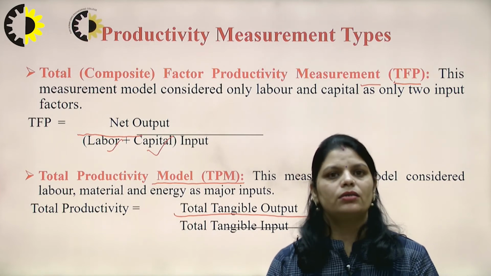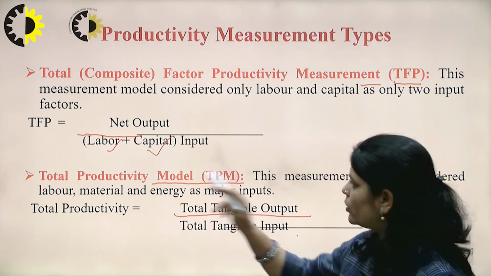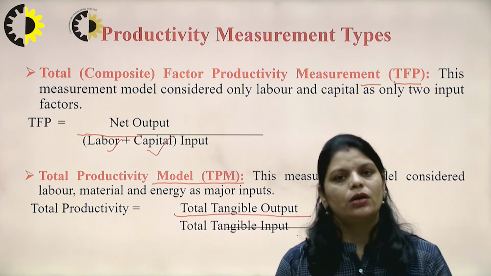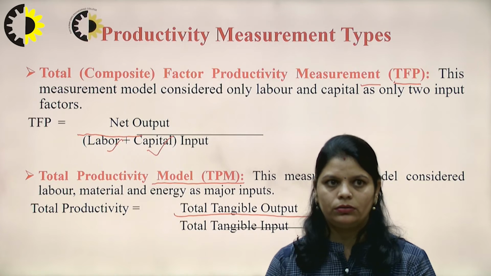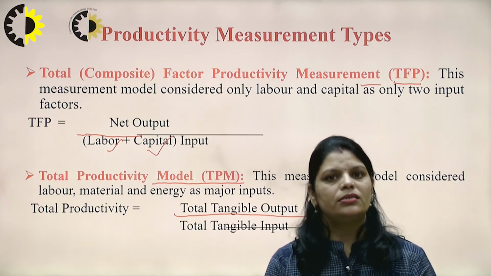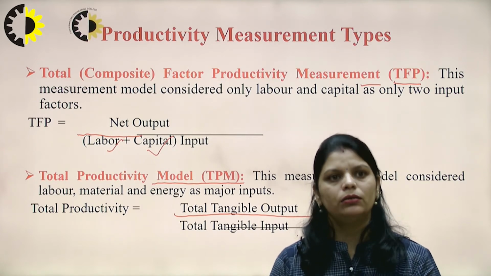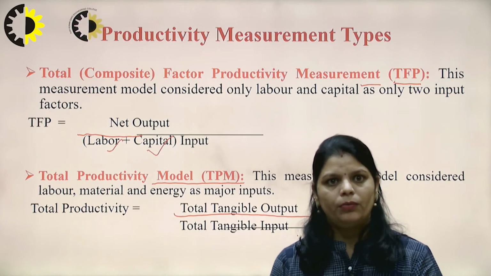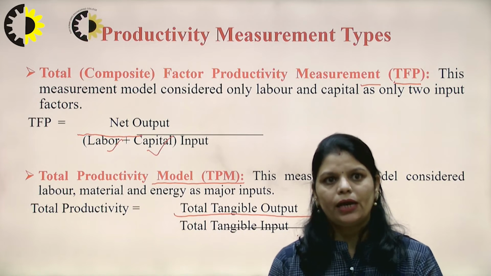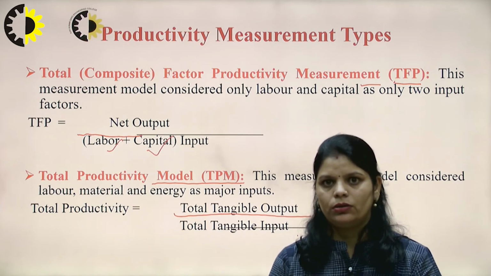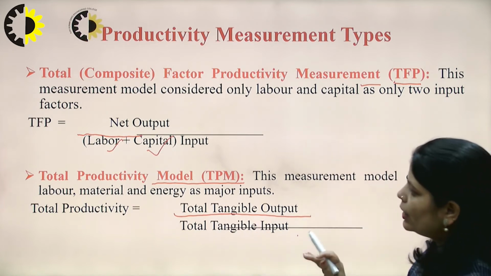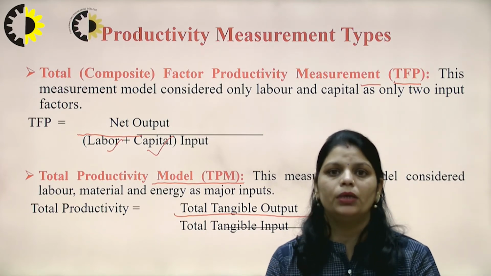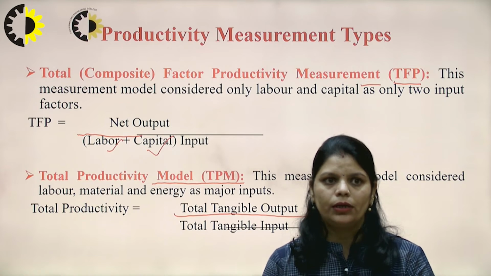If we discuss the advantages of this particular model, then all the quantifiable inputs are considered here. Clear? And here sensitivity analysis can be done, and it will provide both firm-level and operational unit level productivity. Okay. So it will give the total productivity measurement. Clear?